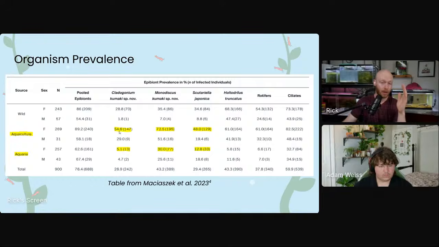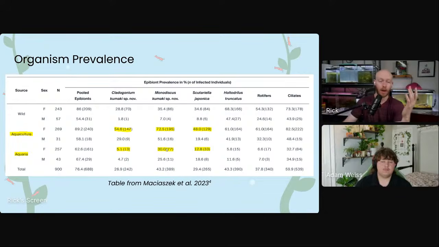In aquaculture, they found that nearly 54% of females at the time of this study had some growth of Cladogonium, compared to 5.1% in aquaria. For Monodiscus, almost 72% of females in the sample had it, compared to 30% in aquaria.